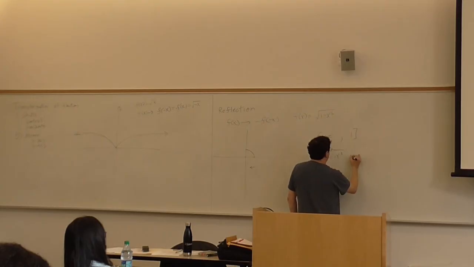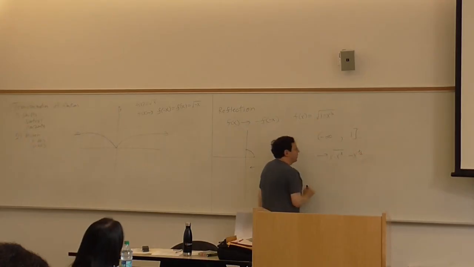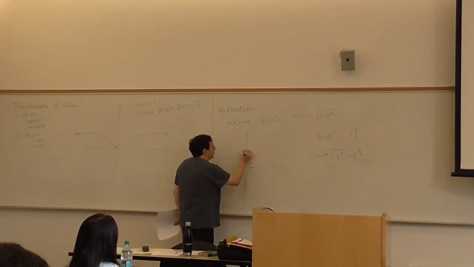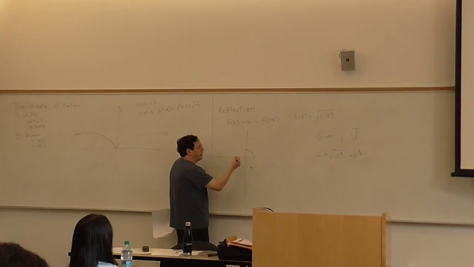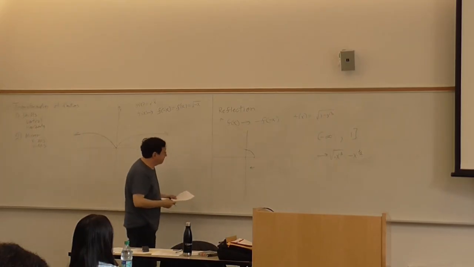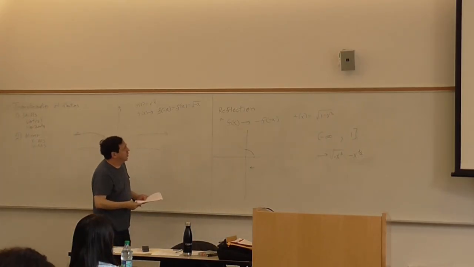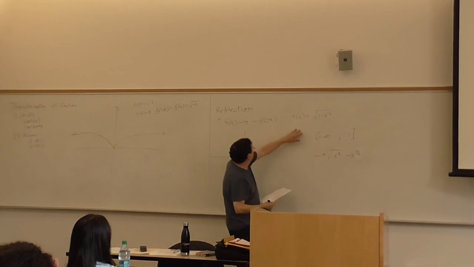Which is what? Negative x to the 3/2. So this is somewhere between x squared and x cubed, off in this direction. All right, so that's my f of x.